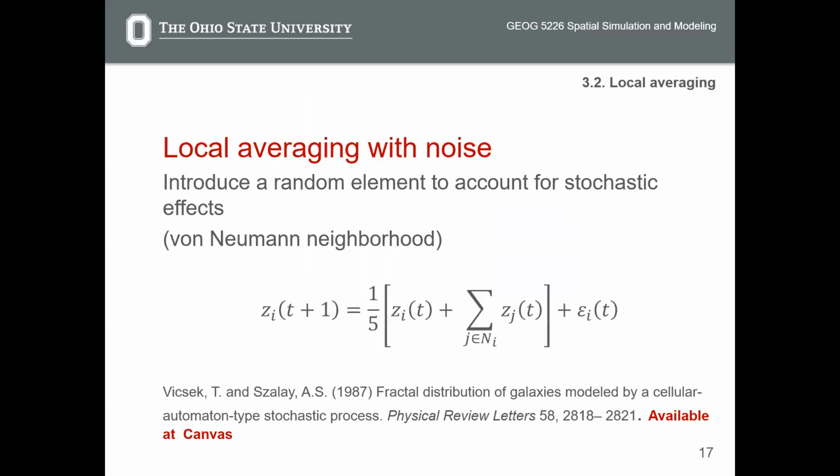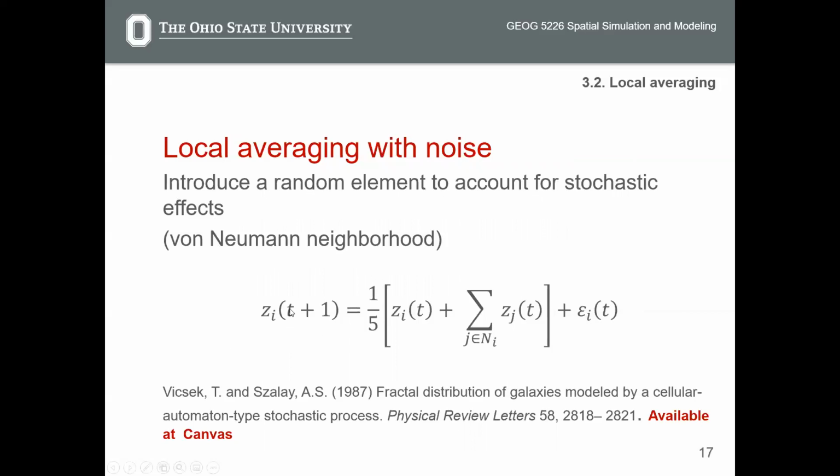Okay, so we have learned local averaging. Let's make this averaging process more complex. Here we introduce a random element to account for stochastic effects. And here we're using the Von Neumann neighborhood, which means there are only 4 neighbors.